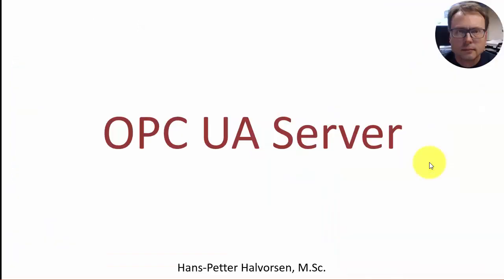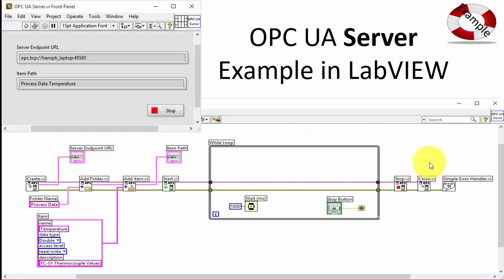Next, we will show how we can create an OPC UA server in LabVIEW. We will create this simple example, which is a simple OPC UA server in LabVIEW. First, we need to create the server like this. We need to add one or more folders, and we need to add one or more items.